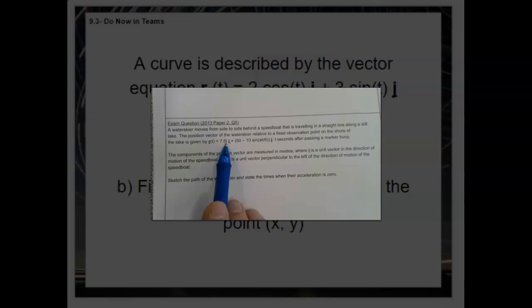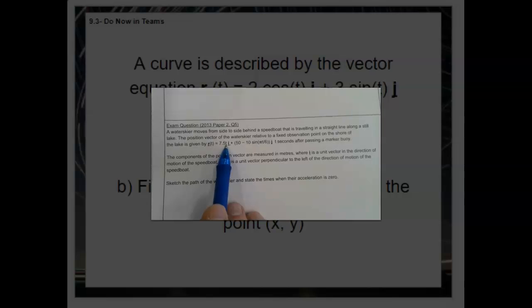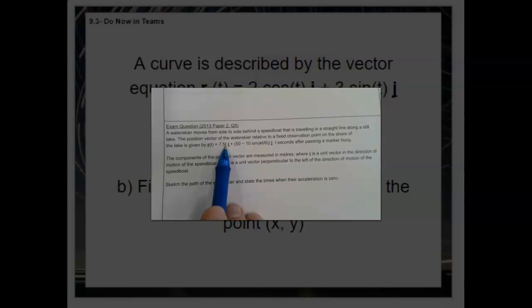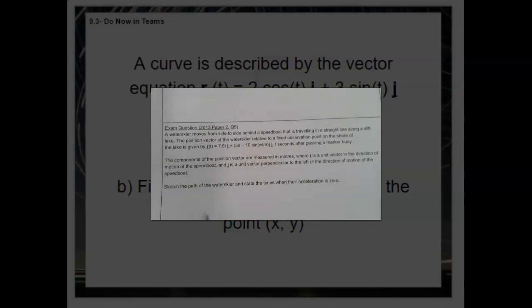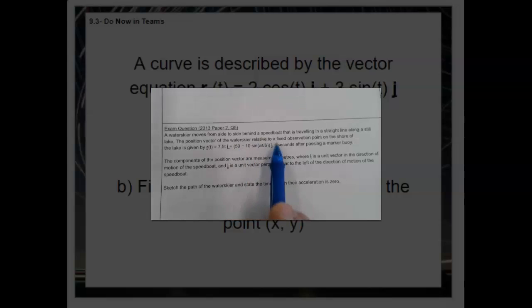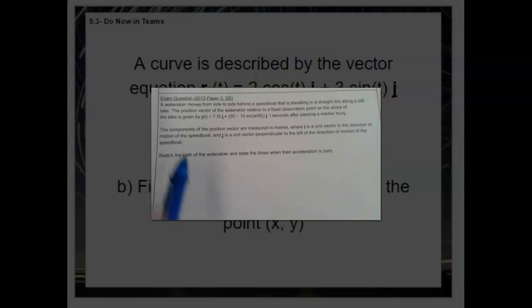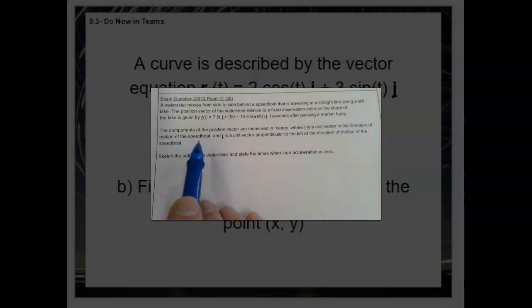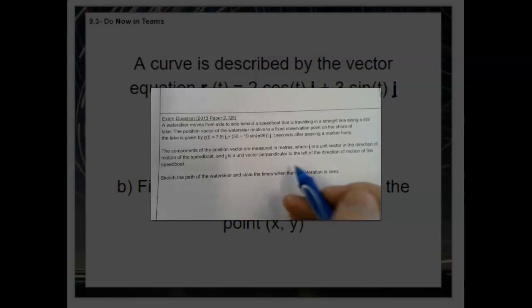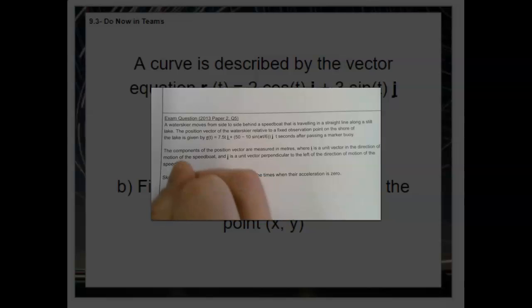And the first thing I notice is that i is just 7.5t, so that means a constant speed in the i direction, and the i coordinate or the x coordinate just increasing gradually, but the interesting stuff happens in the y direction or with the j component, which is going to oscillate because of the sine term. So reading a little bit about exactly what it's saying, i is the direction of motion of the speedboat, and j is a unit vector perpendicular to the left. So that's going to look something like this.